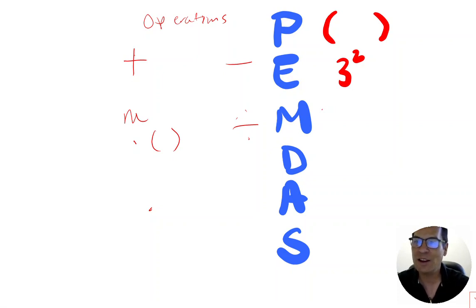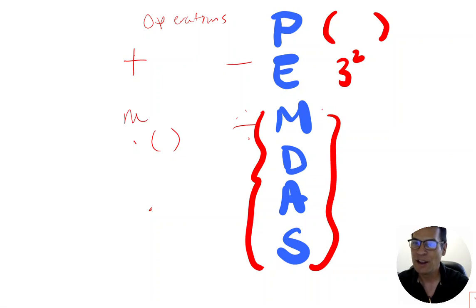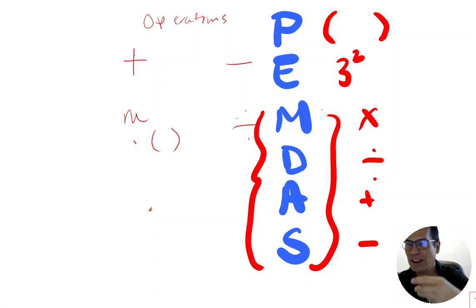And then these last four are the ones that we're going to talk about today. So multiplication, division, then addition, then subtraction. So the order in which we do things in PEMDAS is parentheses, exponents, multiplication, division, addition, subtraction.